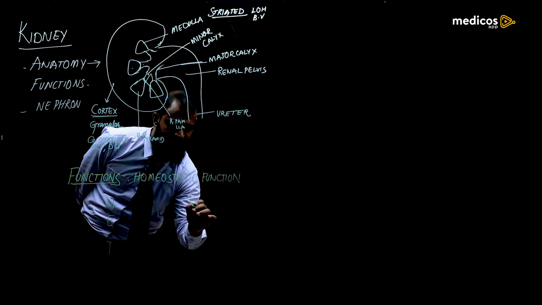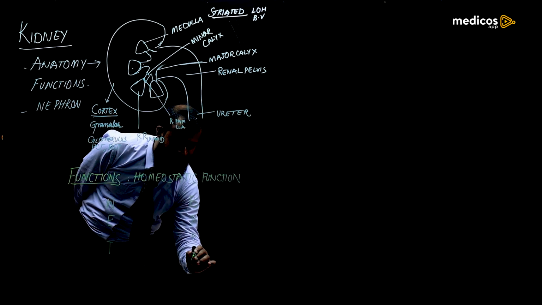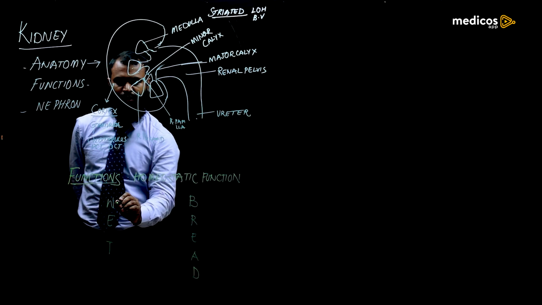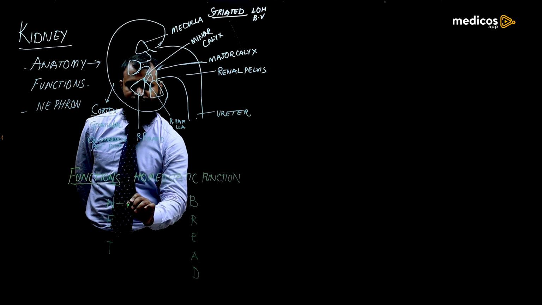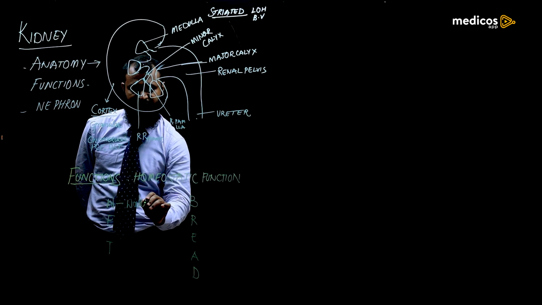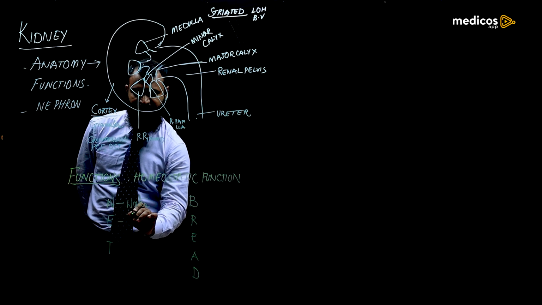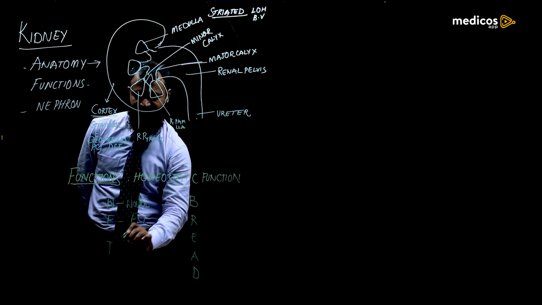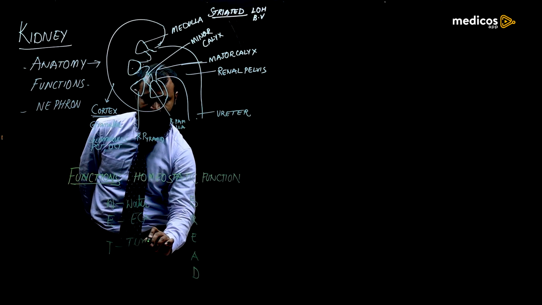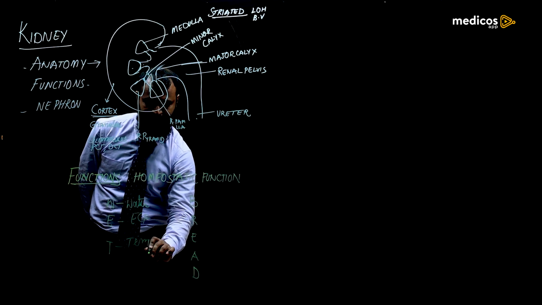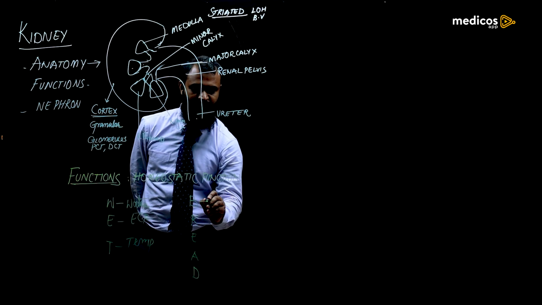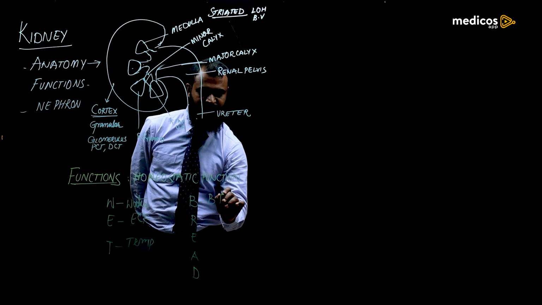Wet bread. What does W stand for? W stands for water, that is water regulation. E stands for ECF regulation. T stands for temperature. B stands for regulation of the blood pressure.